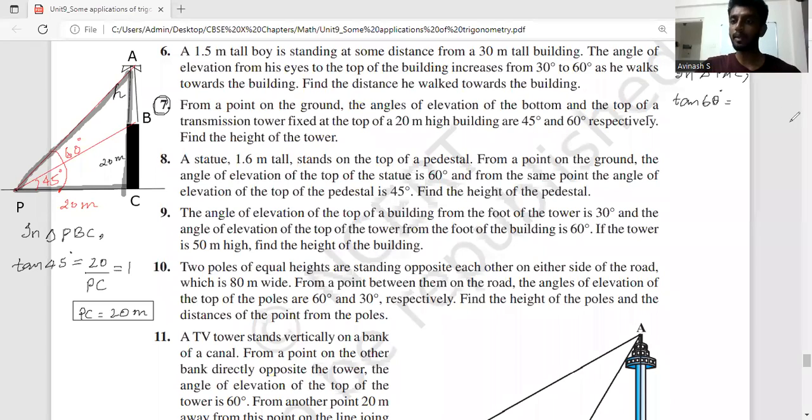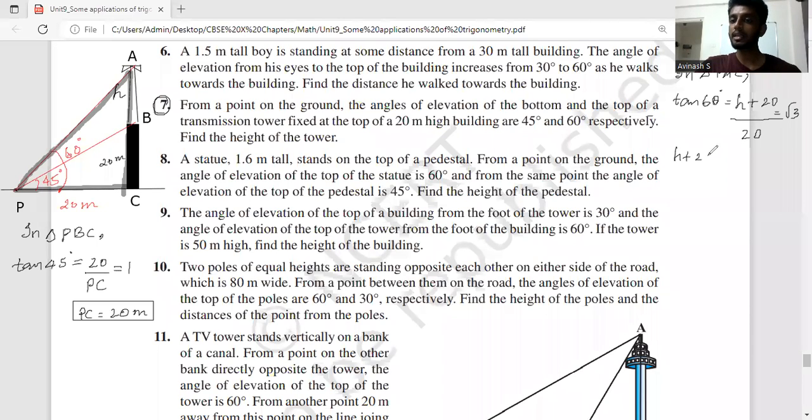So the whole height will be h plus 20, because the transmission tower's height is h and the building's height is 20. Be careful not to write it as 20h, then it becomes multiplication. Now adjacent is 20. How did we get this 20? We got it from the previous step: PC is the adjacent side. And this equals root 3, because root 3 is the value of tan 60.